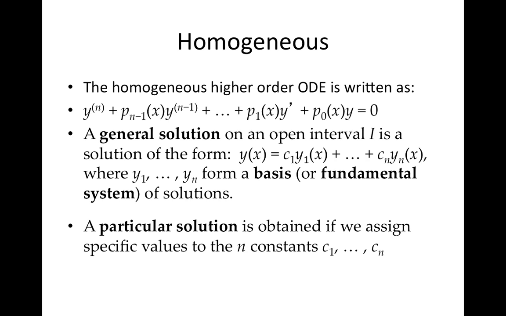When discussing homogeneous differential equations and we talk about a particular solution, we're basically looking at what happens when we have specific values for those constants. And just as a reminder, the way we get specific values for those constants is by knowing the initial conditions in the problem and applying them, forcing the constants to satisfy the initial conditions.